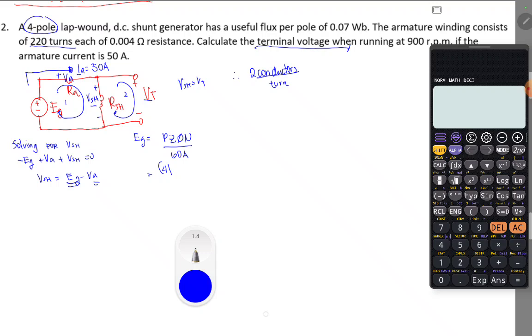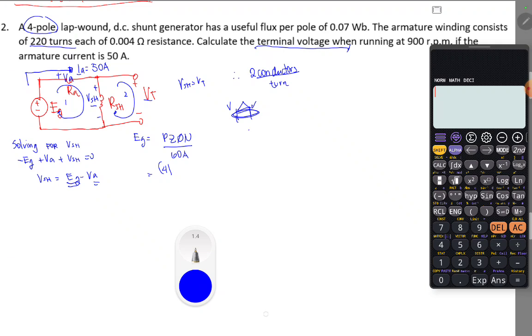Because if you turn this winding, there will always be 2 coil sides involved, so it will always be 2 conductors per turn.